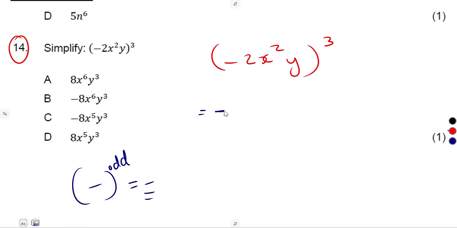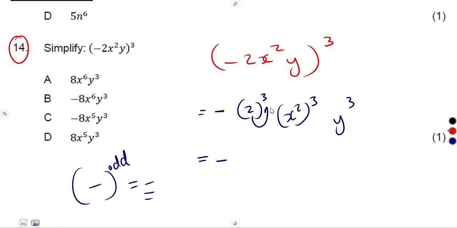So it was going to be negative 2 raised to the exponent of what? Of 3. X squared is also raised to the exponent of 3. Y is also raised to the exponent of 3. Every term.